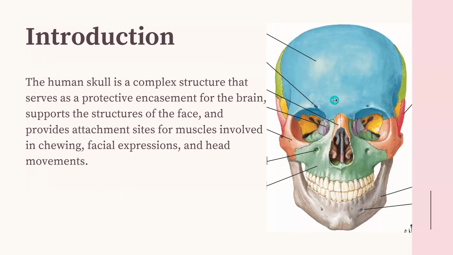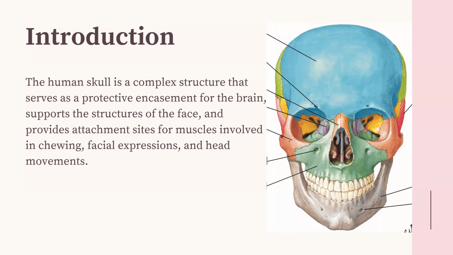In the beginning, in the introduction, the human skull is a complex structure that serves as a protective encasement for the brain. We all know the most important organ in your body is your brain. You are your brain. Every other organ theoretically can be transplanted, but the brain is you.